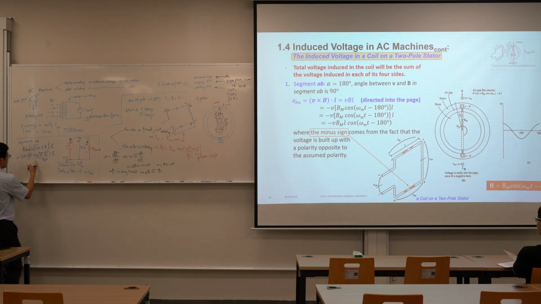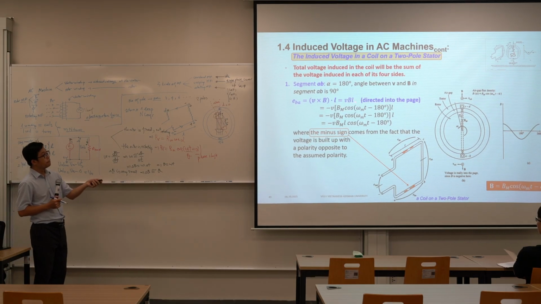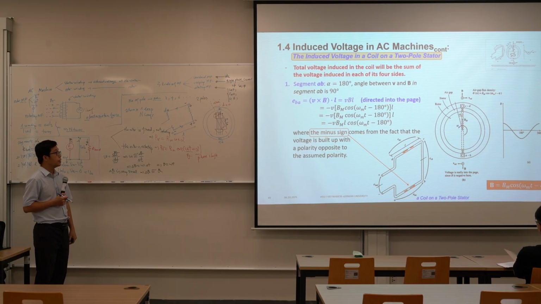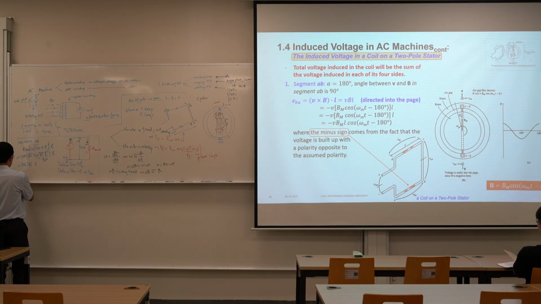Since sine 90 degrees is 1, you get VBL.